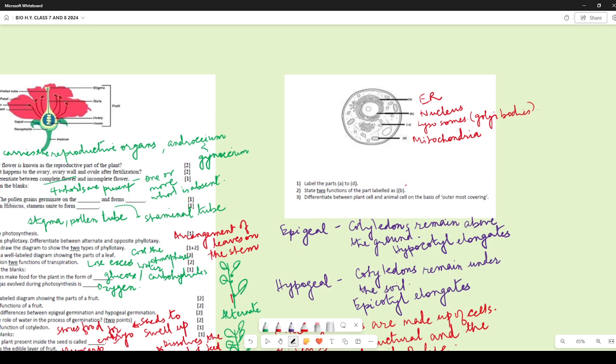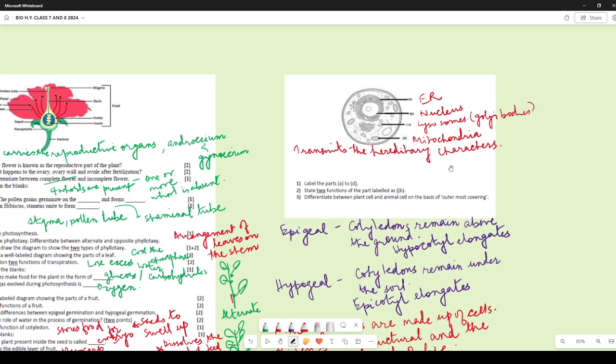Two functions of the part labeled as B. So nucleus. What is the function of nucleus? First and foremost, it transmits the hereditary characters from our ancestors. What characters we obtain, they are transferred through the nucleus.